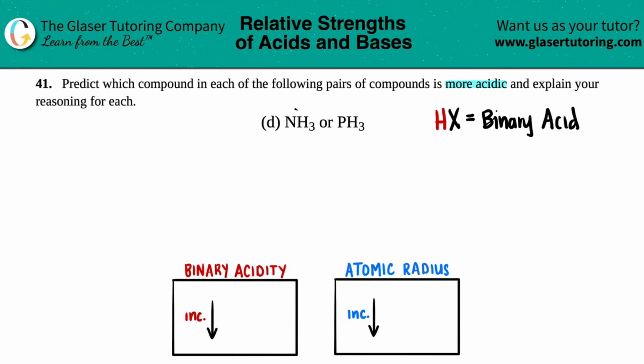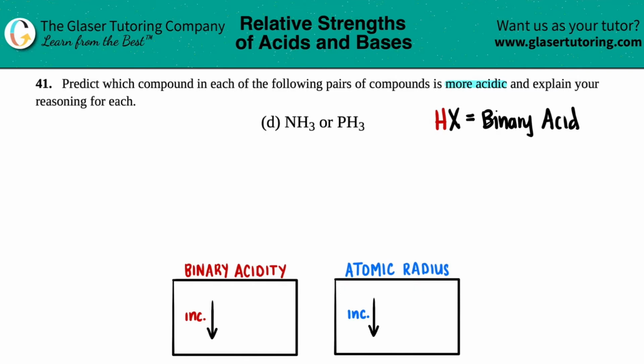So let's see. For NH3, there's an H and then there's a nitrogen. That's a binary acid. For PH3, there's an H and there's phosphorus. That's two elements. That's a binary acid. So we're dealing with binary acids here. Now the trend for binary acidity is as you go down a group on the periodic table, your acidity will increase.